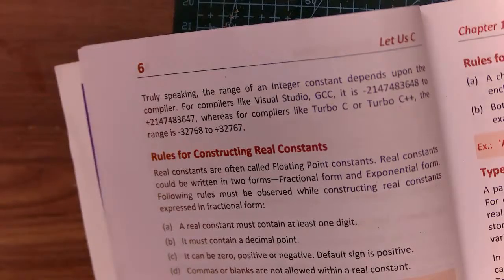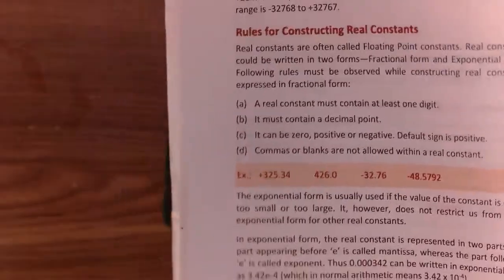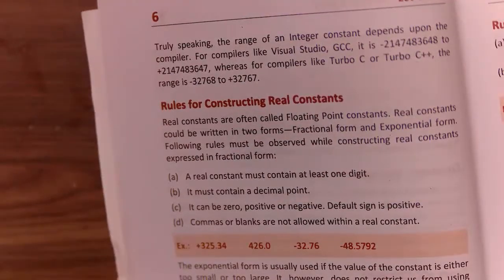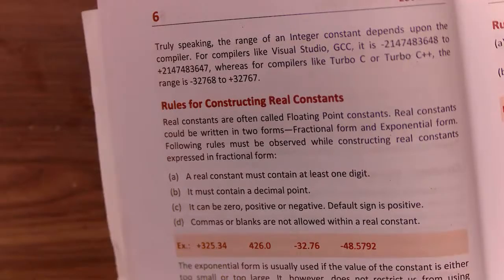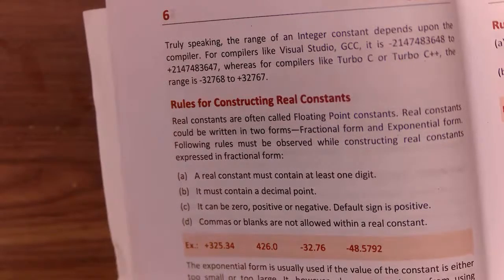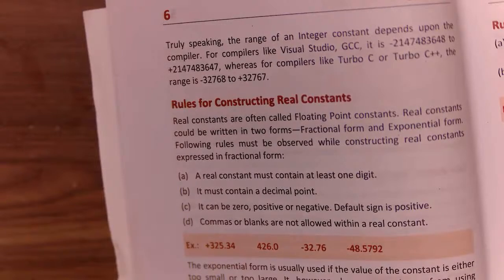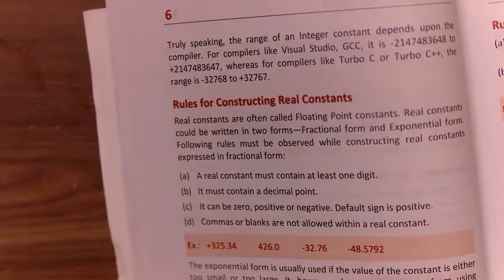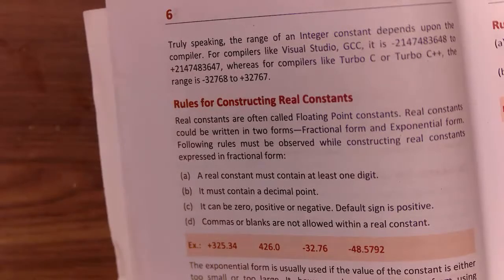Real constants are often called floating points. A floating point is a number that has a dot after it, like 2.3, 3.4, 5.6. These are called real constants because they have a value beyond the point. So if you write float in programming, it goes beyond the dot.